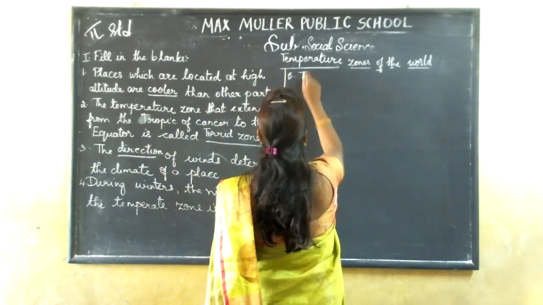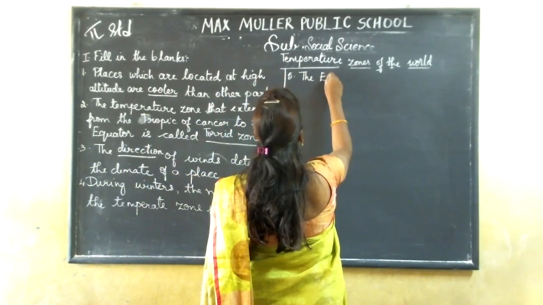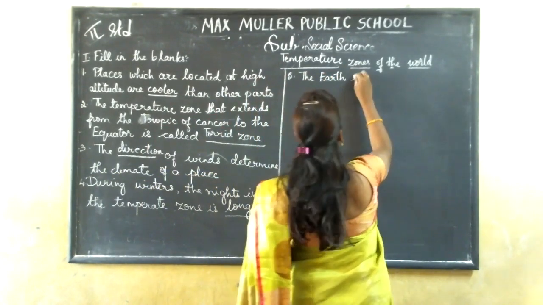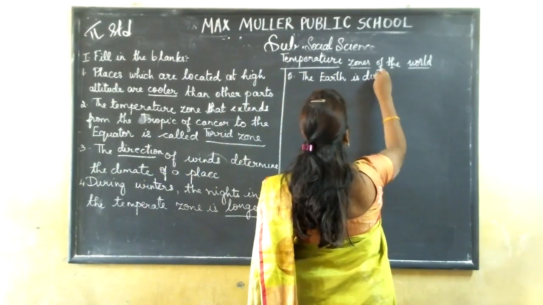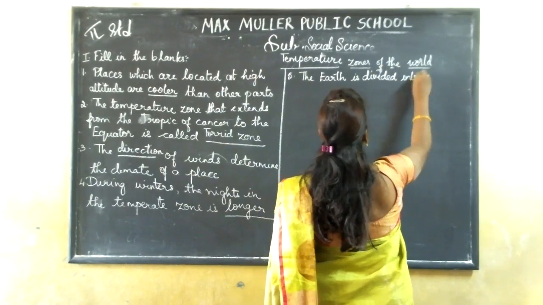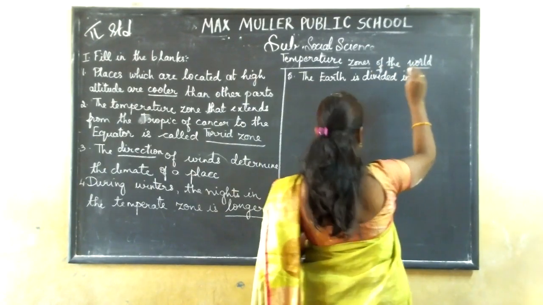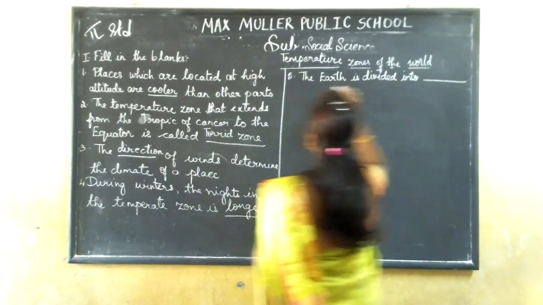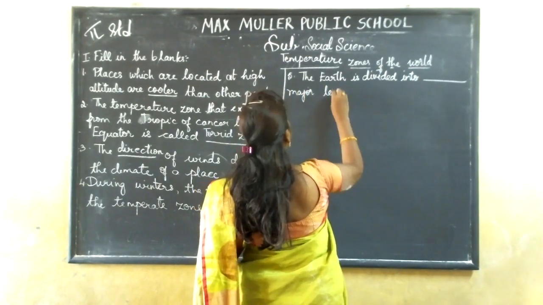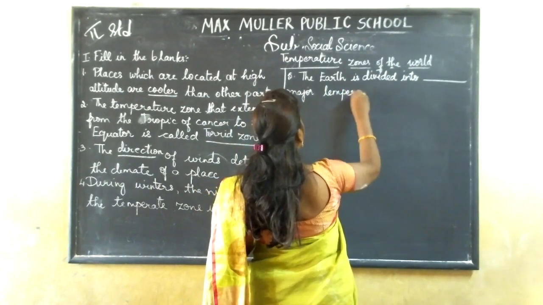Next one, the earth is divided into dash major temperature zones.